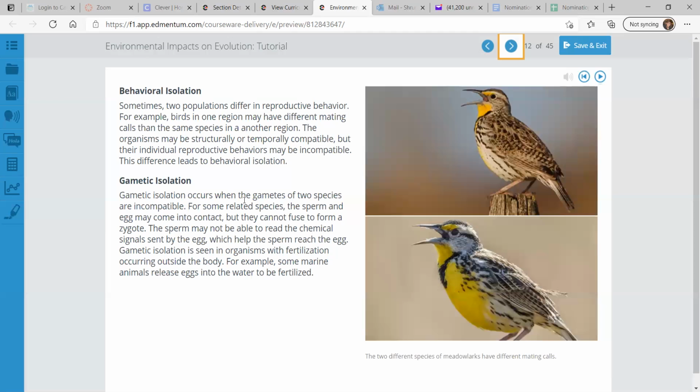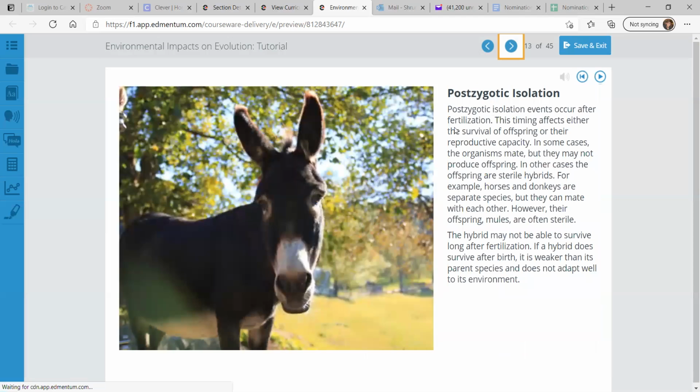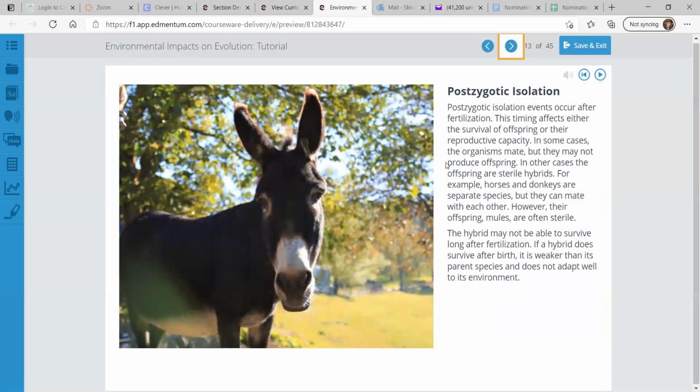The sperm may not be able to read the chemical signals sent by the egg, which help the sperm reach the egg. Gametic isolation is seen in organisms with fertilization occurring outside the body. For example, some marine animals release eggs into the water to be fertilized. Fun fact. So that's prezygotic. That's all before an egg can be fertilized.